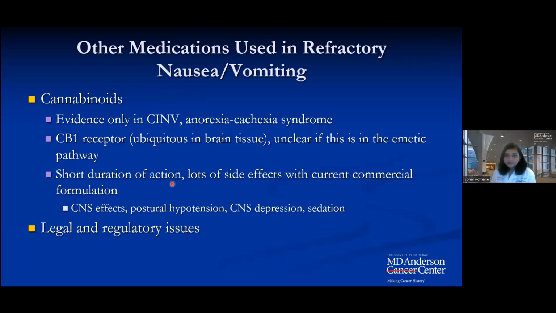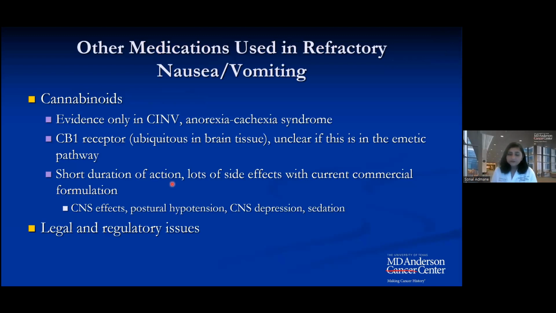Coming to some other strategies or other medications that may be used or that are talked about frequently in management of nausea, vomiting, the first one is cannabinoids. So the evidence of cannabinoids is really limited to chemotherapy-induced nausea, vomiting, and it's not strong evidence.